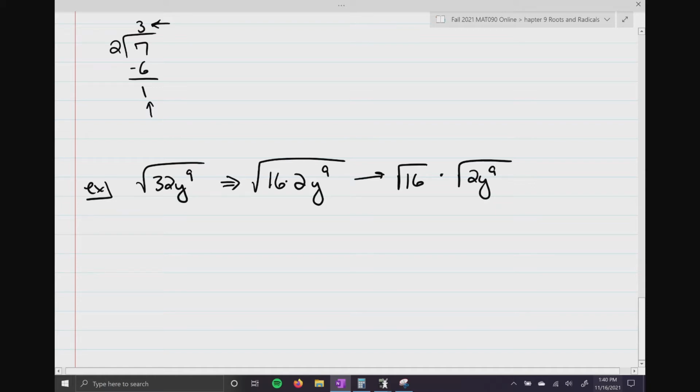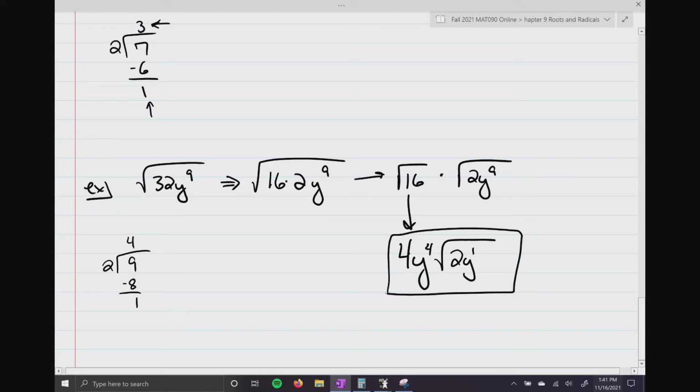I know the square root of 16 is 4. The only thing I really got to worry about here is y to the 9th. So 2 goes into 9 4 times with a remainder of 1. So this is going to be 4 y to the 4th times the square root of 2y to the 1st. Notice the 2 stays on the inside because I can't further reduce that. All I had to do was reduce the y to the 9th. Okay? Now I can even get even more in depth with this.